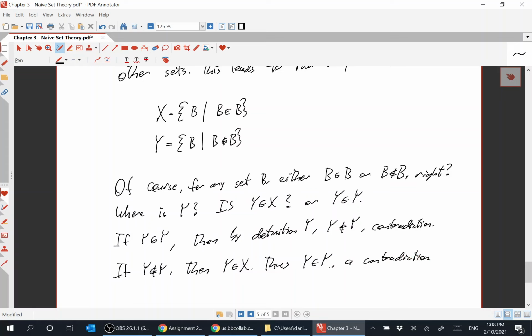So these sort of freewheeling notions in naive set theory lead to these inconsistencies. So there is a set theory which has a consistent logical foundation, but then there are other problems with that.